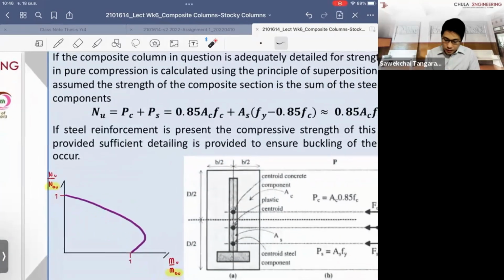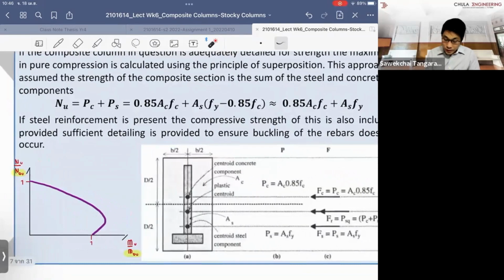Behaviors. The first thing of all, we determine what is called the squash load.